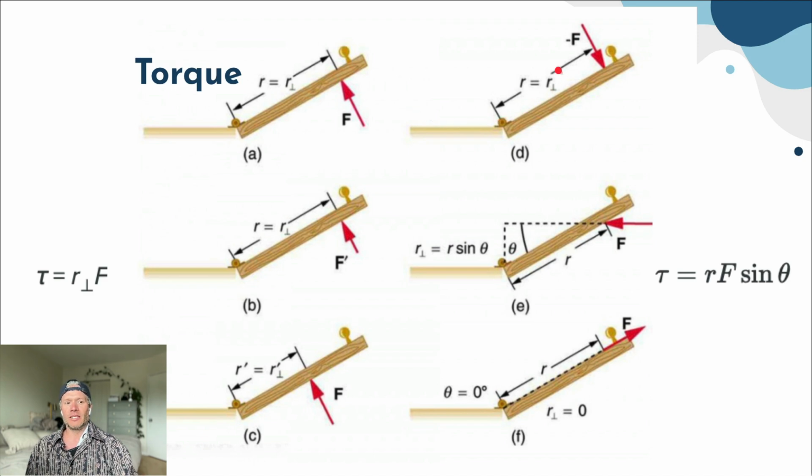So we can essentially get rid of the sine theta if we know we're applying the force perpendicular to whatever the object is, okay, or person or body. So we can use this shortened equation. The upside down T just again means sine 90. So okay, you could just write RF though for sure. All right, and again, that's only if it's at 90 degrees. We'll see why in a moment.